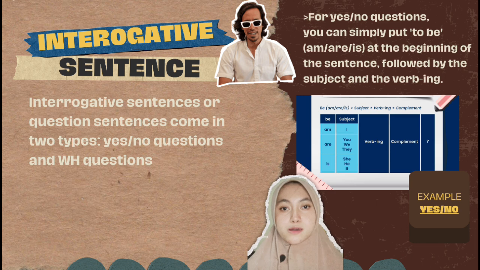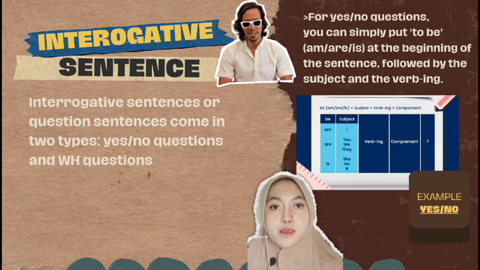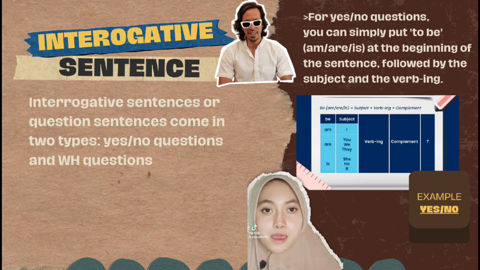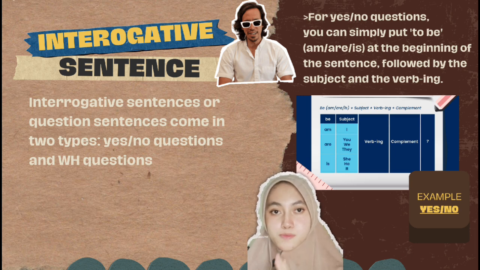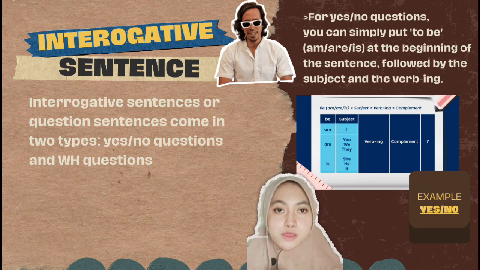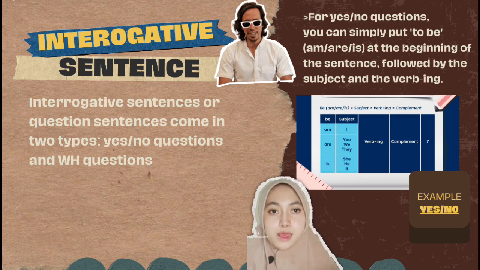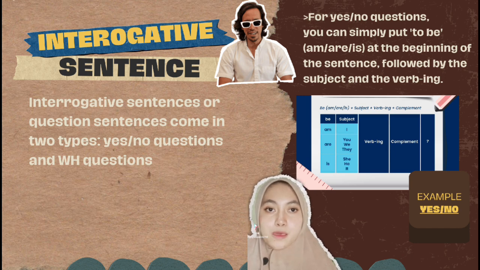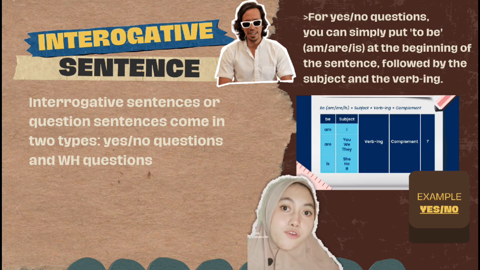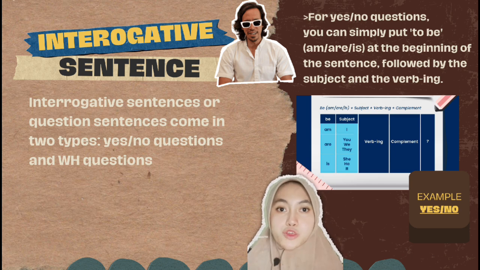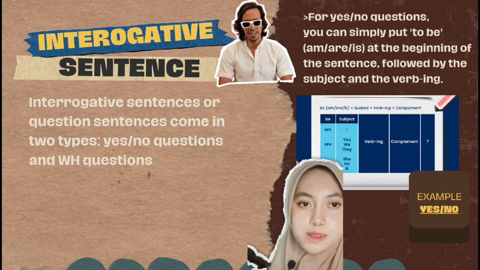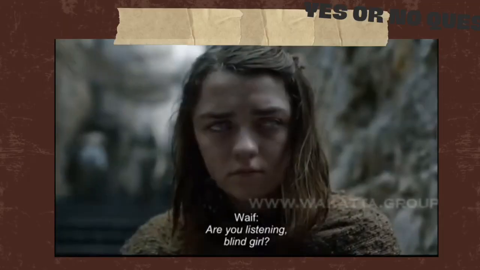Okay, look at the table below. Interrogative sentence has a structure. The first step is we add to be, am, are, or is, and then follow with subject and verb plus ing, and don't forget to add the complement to make the information clear. See the example: are you listening?